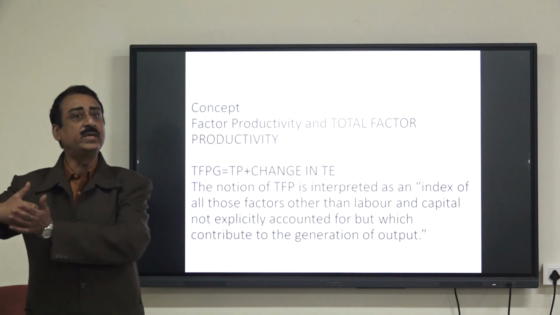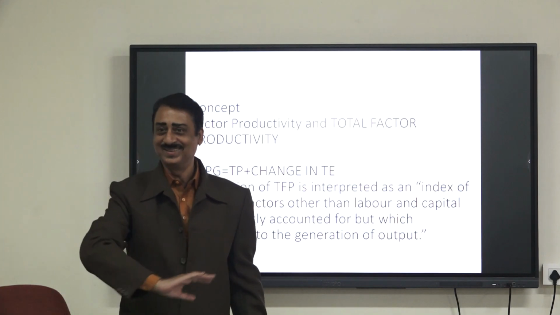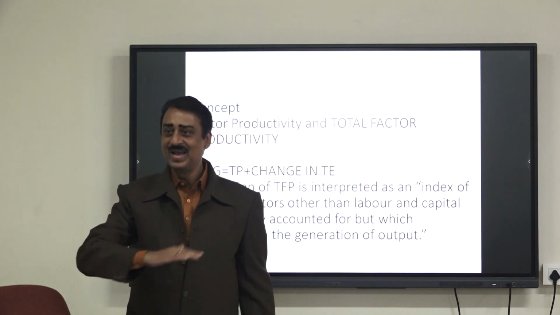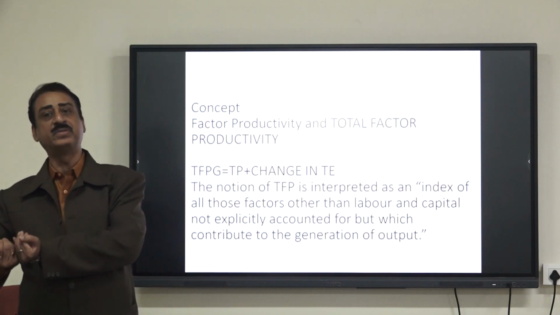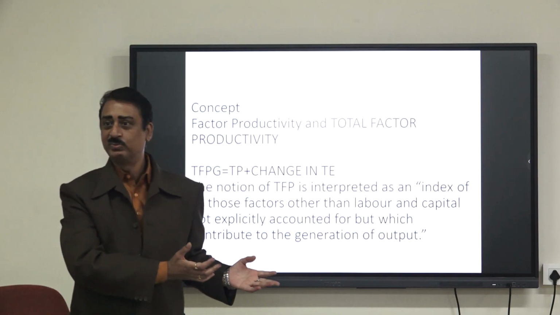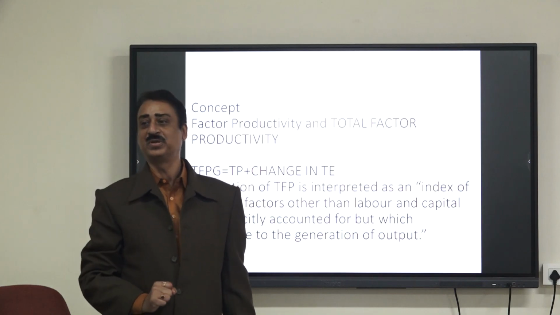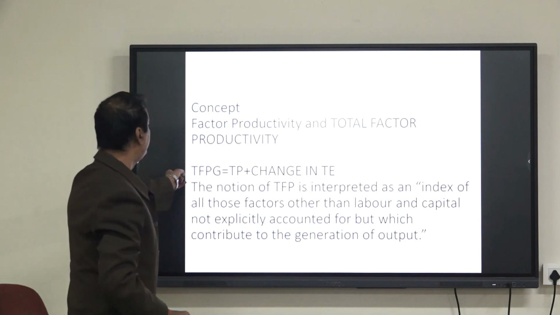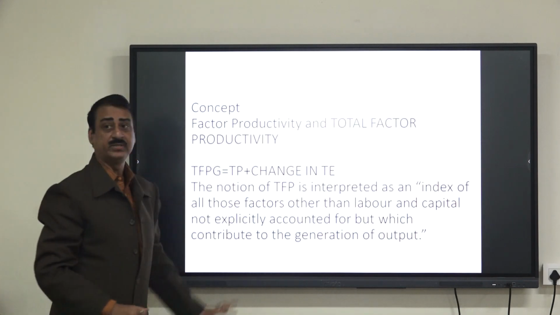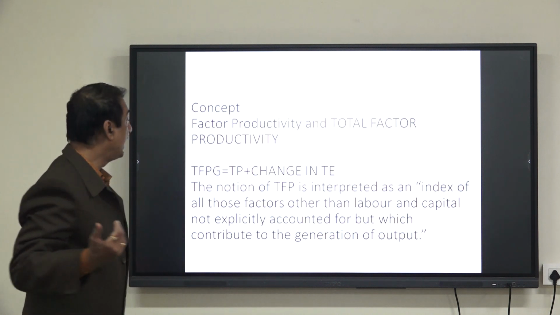So you net out the input from the output. Of course it's not so simplistic, I will show you, but concept wise you net out the growth of the inputs from the growth of output, and whatever the residual is left is called your total factor productivity growth. Conceptually we say total factor productivity growth is equal to technological progress plus change in technical efficiency.